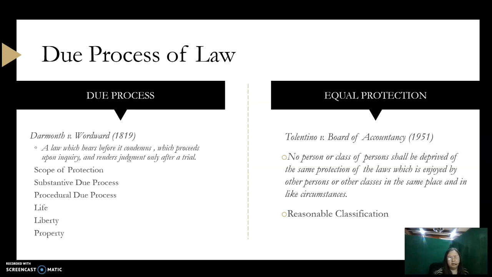Or in other words, your guarantee under the Constitution of not being hastily deprived of life, liberty, or property without support of evidence or without having to go through fair trial in the appropriate court or in the appropriate tribunal.